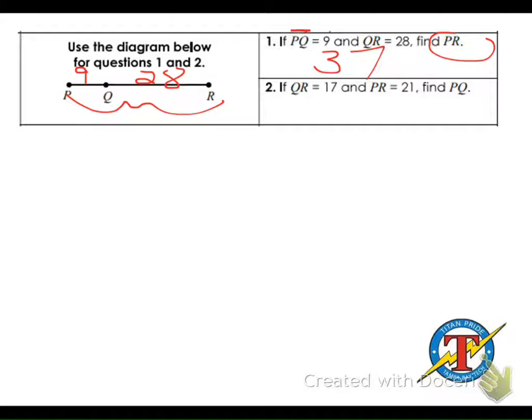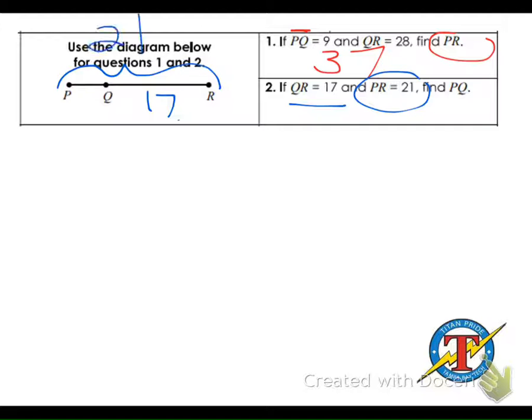Now let me erase that for the next one. If QR is 17, okay, this guy's 17, and PR is 21, that's the whole thing, then find PQ.